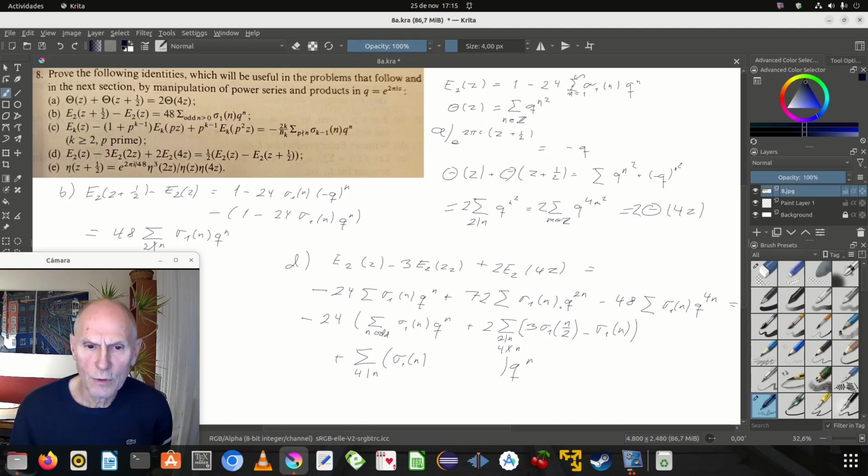And from this one we get plus 3 sigma 1 of n halves, and from here we get minus 2 sigma 1 of n fourth, q to nth.